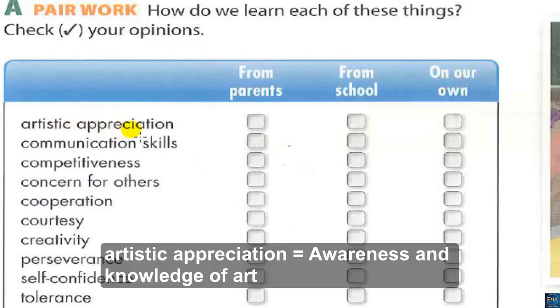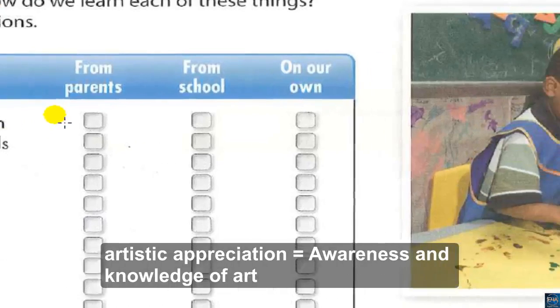Artistic appreciation. This is, of course, how can you learn art and to evaluate it.